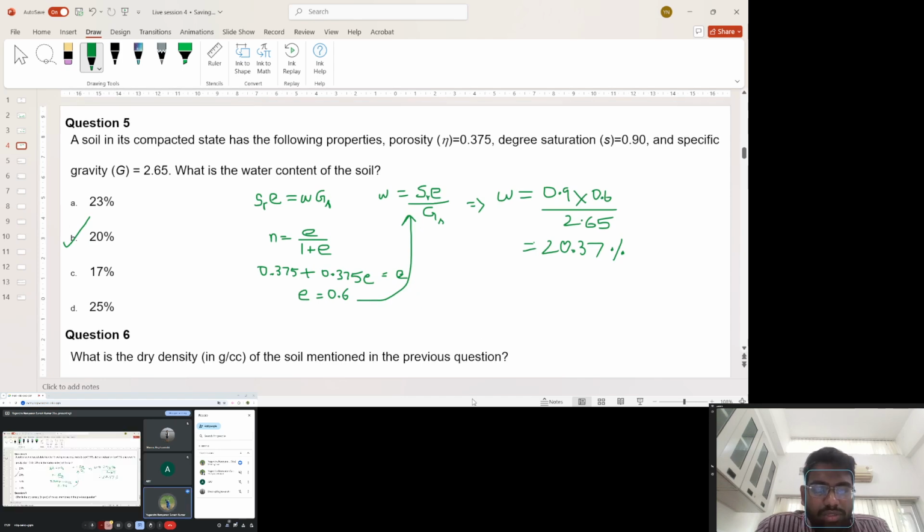Any doubts? Any confusions? As far as this part is concerned, whoever is freshly introduced to geotechnical engineering 1, you can expect several different types of questions with the basic weight and volume relations itself.